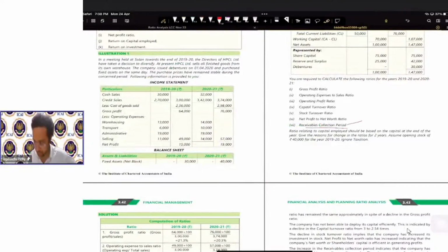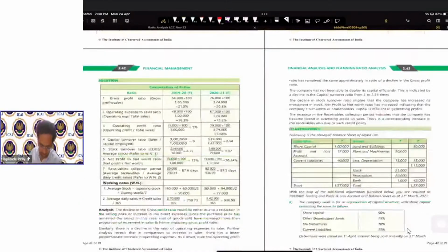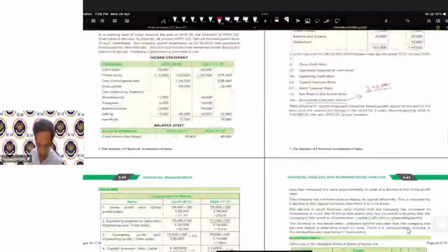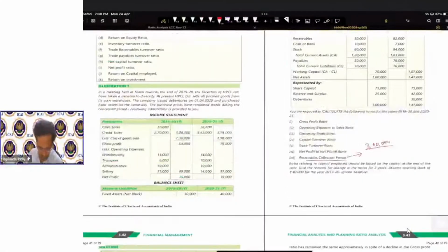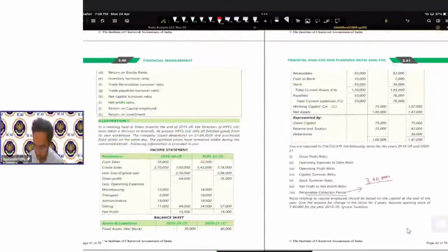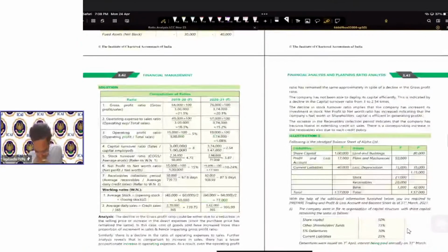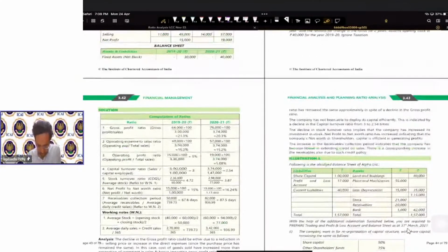Receivables turnover. This is your sales, which is 3 lakh, divided by the receivables amount, 50,000.